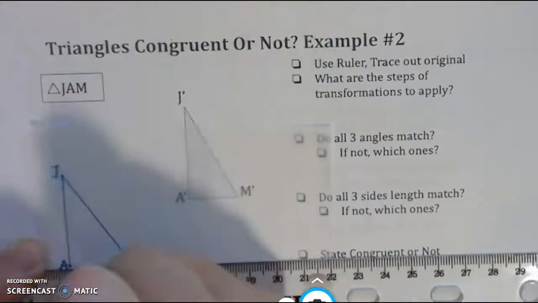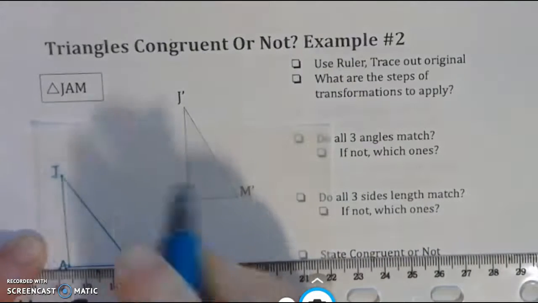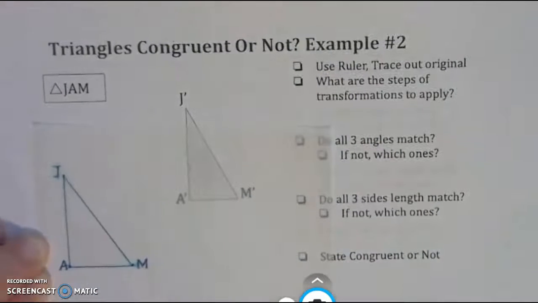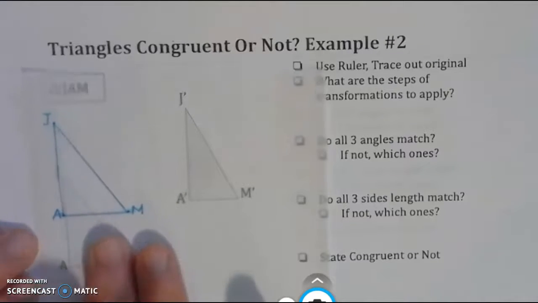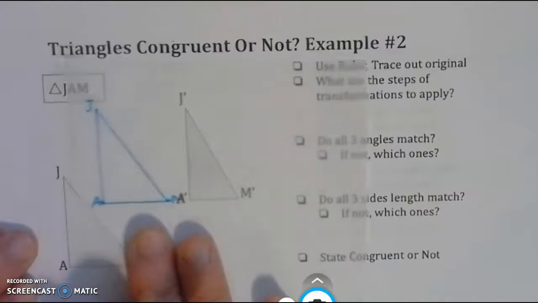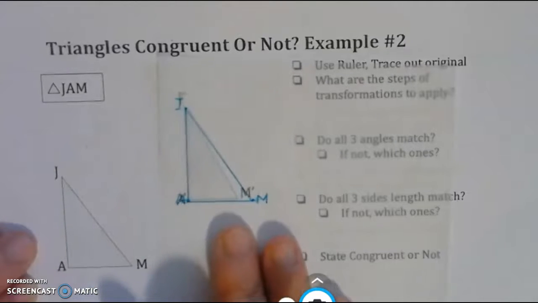And I have my triangle. Okay, so now what do I need to do to see if they are a match? Well, I need to move it up and then move it to the right until they match.